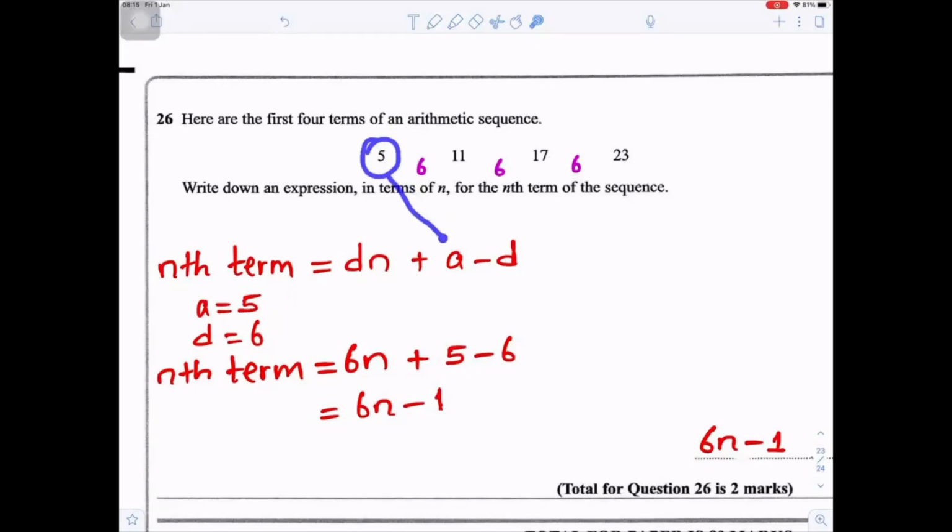Put those numbers in: 6 for the difference, 5 for a, and 6 for the difference. So 5 minus 6 is minus 1. So your answer is 6n minus 1 is the nth term for that sequence.